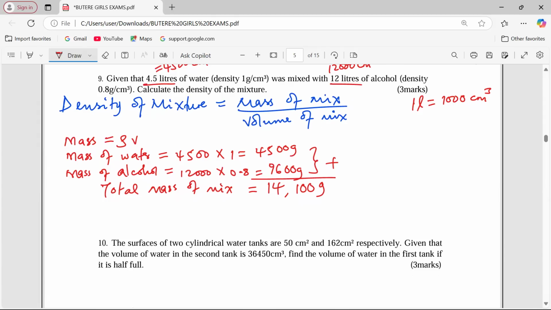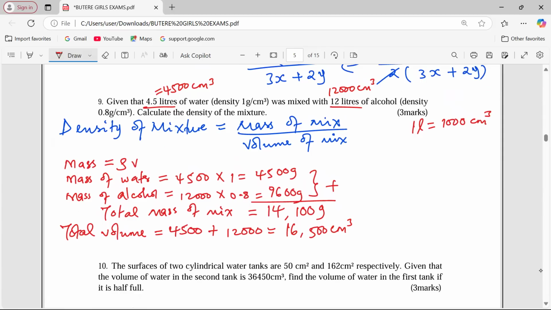With the total mass, we can talk about total volume of this mixture. Total volume of mixture shall be, we have 4,500 cubic centimeters and also 12,000 cubic centimeters, water and alcohol respectively. So 4,500 and 12,000 gives us 16,500 cubic centimeters. Now with this, we already have the formula for density of this mixture.